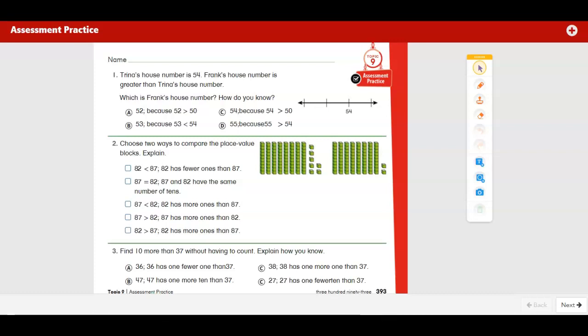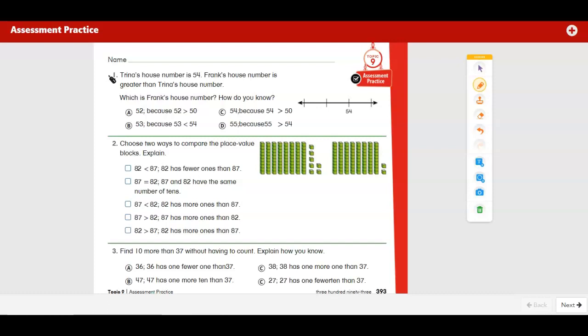So let's begin looking at number 1 at the top of the page. Number 1 says Trina's house number is 54. Frank's house number is greater than Trina's house number. Which is Frank's house number?